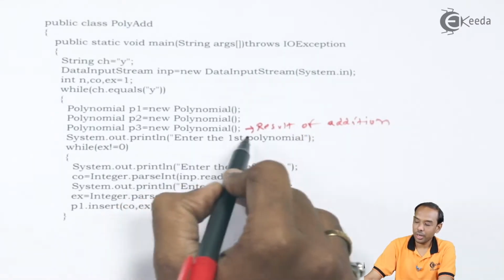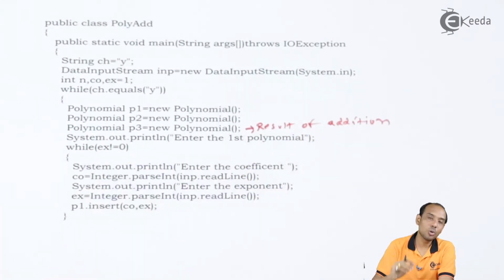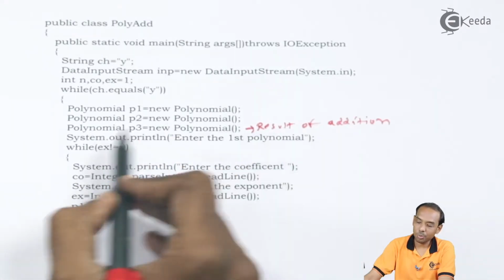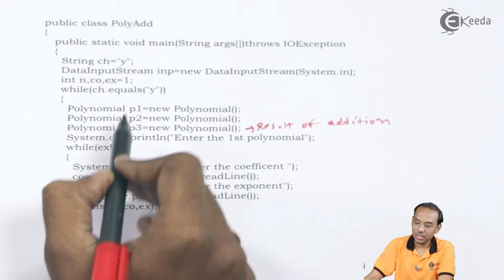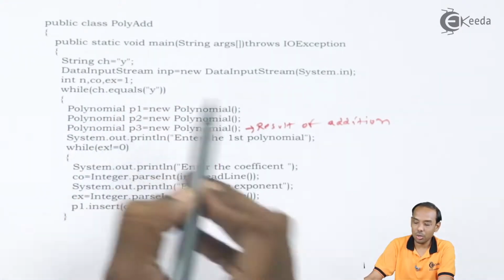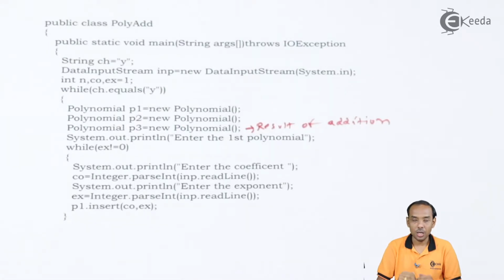Then I'm going to ask the user for the values, that is the polynomial number. So enter the first polynomial while ex is not equal to 0. We have defined the value of ex equal to 1, so while ex is not equal to 0, we are going to take the value from the user. Now which value do I need? I need the coefficient and exponent part.